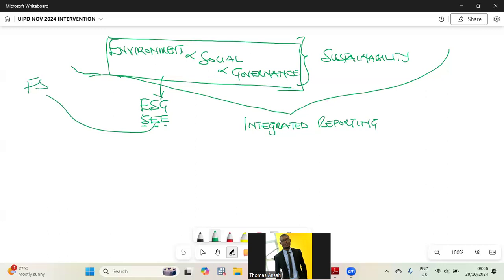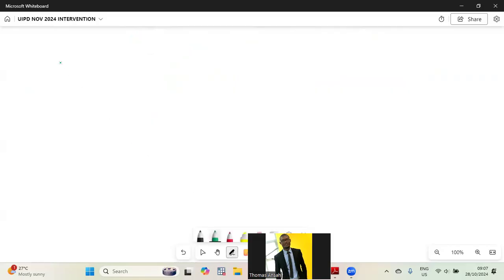So now the social one is there, the environmental one is there. Then we've added governance. Together, we make them a sustainability. Then again, integrated reporting. So what was environmental reporting all about?